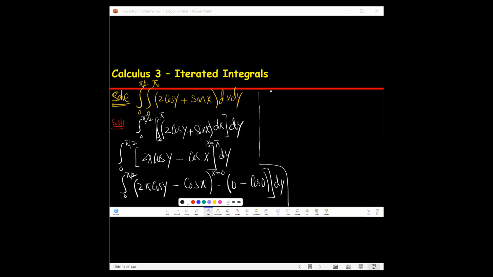If I simplify it further, it's going to be 0 to pi by 2, 2 pi cos y plus, cos pi is minus 1, then minus minus plus 1, and then minus minus plus 1, so it's going to be 2 pretty much. So I'm going to just write 2.